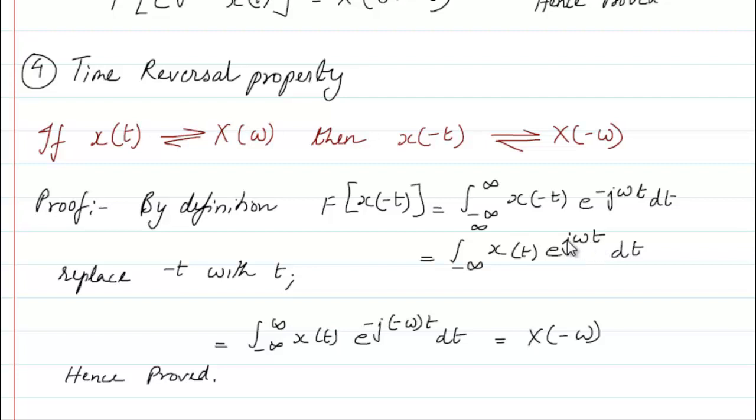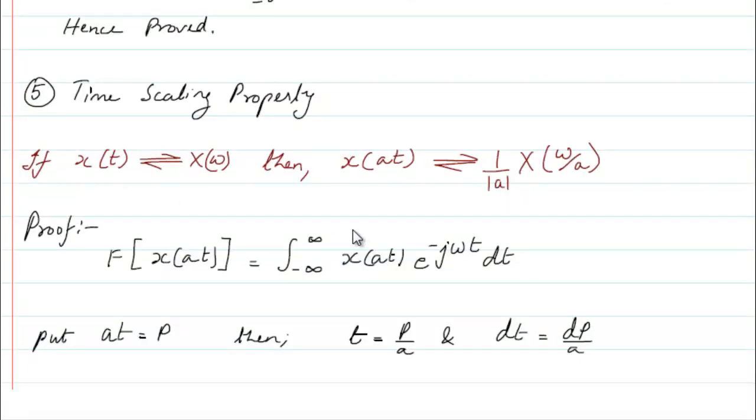Now to get a minus here in e raised to power minus j omega t, I will make omega a minus value. That is what we have done here. I have taken a minus here, so I will write this as minus omega. Now if you look at this equation, what is this equation? This equation is the Fourier transform of x of t, where omega has now become minus omega. So it is basically x of minus omega. Hence this is proved.